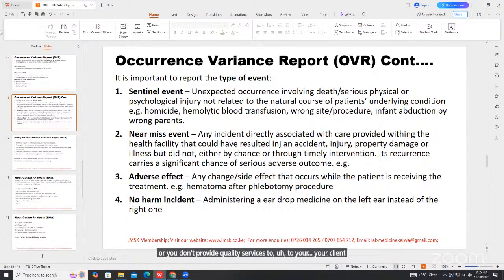So you can advise the management, but I also advise you not to indulge or provide your services in a manner that compromises the quality and safety of our patients.